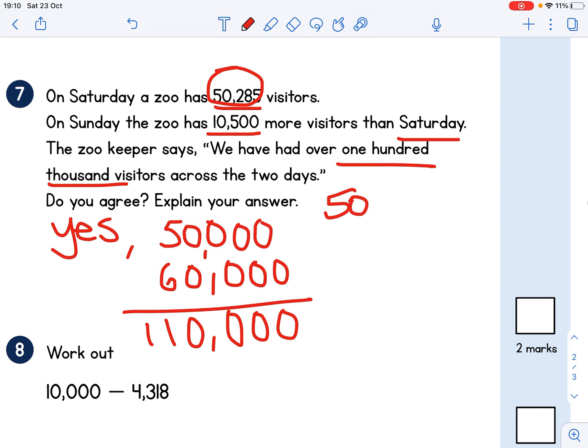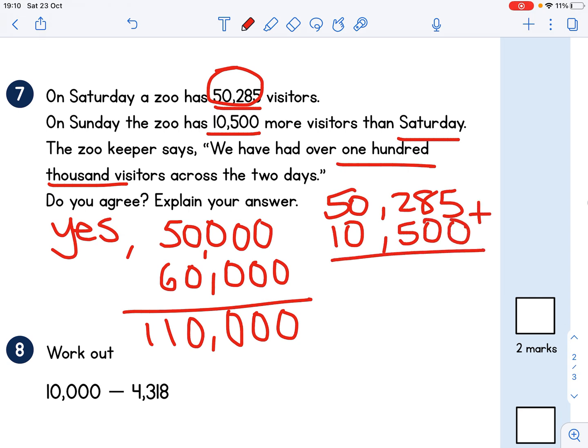If you actually added up the numbers, that is also fine. So if you did 50,285 plus the 10,500, so 5 plus 0 is 5, 8 plus 0 is 8, 2 plus 5 is 7, 0 plus 0 is 0, and 5 plus 1 is 6.